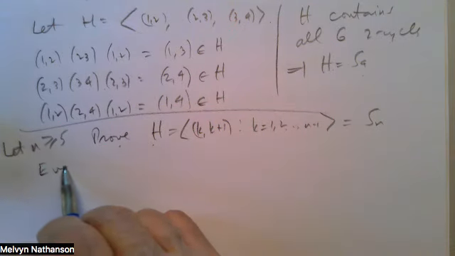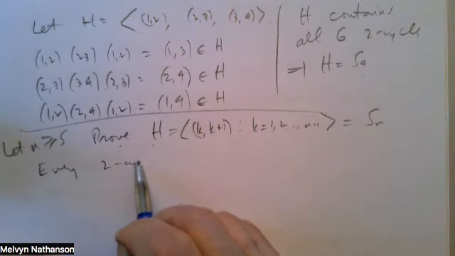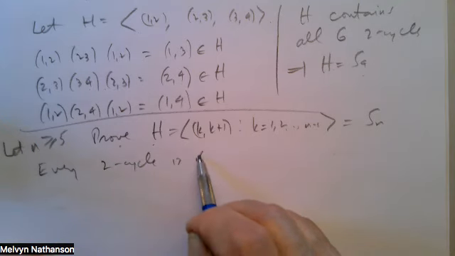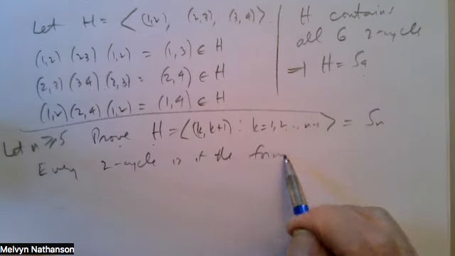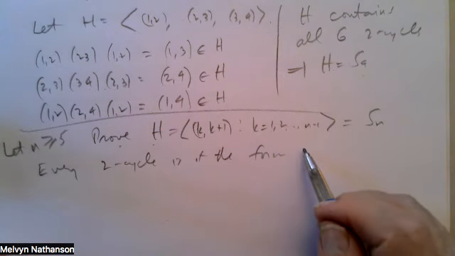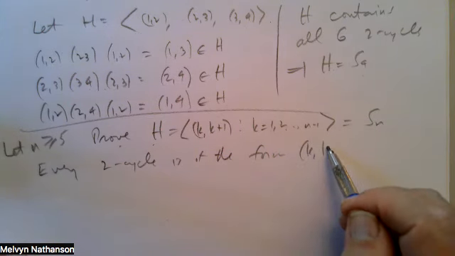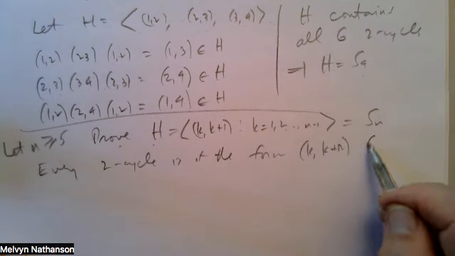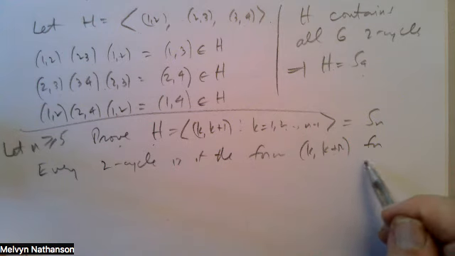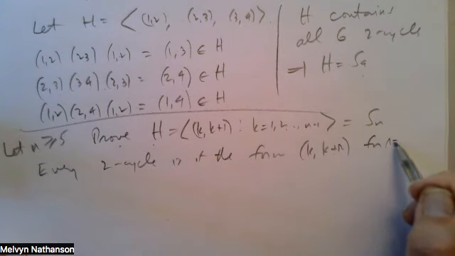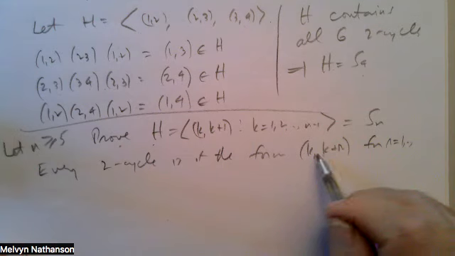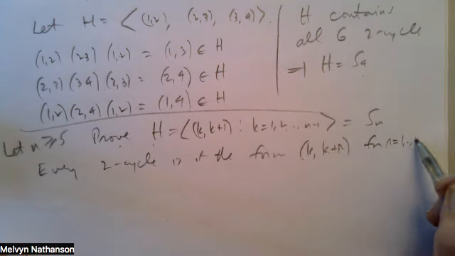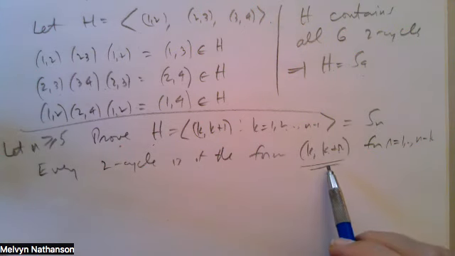So every 2-cycle is of the form: if you have a 2-cycle, you have 2 numbers. Let's say k is the smaller, and the larger one I can write as k plus r, for r going from 1 up to n minus k, since the biggest k plus r can be is n. So we have all of these 2-cycles.